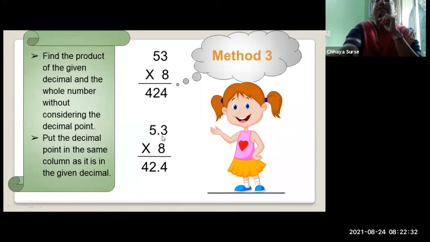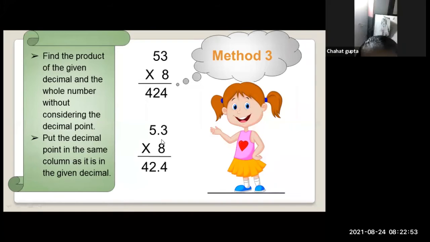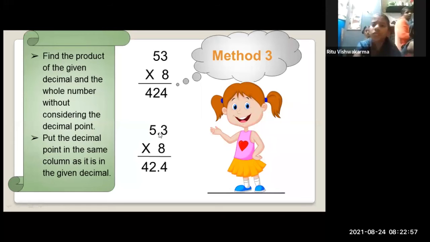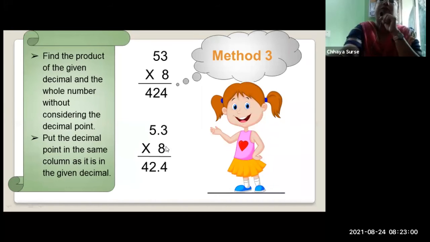So how many decimal places are there? Only one. Very good. That's why before one digit we give the decimal point.